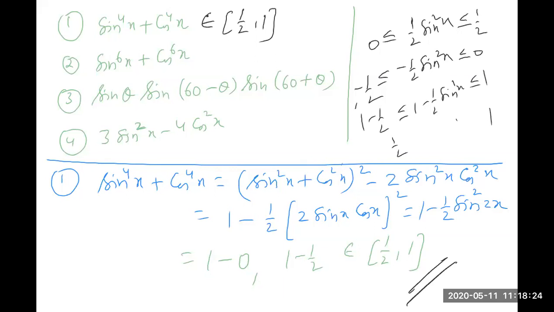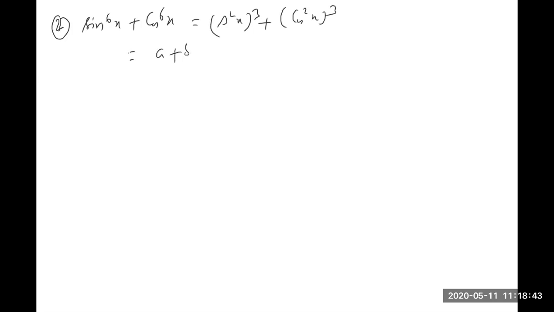So next question is sin^6 x plus cos^6 x. So this is (sin^2 x) whole cube plus (cos^2 x) whole cube. a^3 plus b^3 is equal to (a plus b) whole cube minus 3ab into (a plus b), where a is equal to sin^2 x, b is equal to cos^2 x.